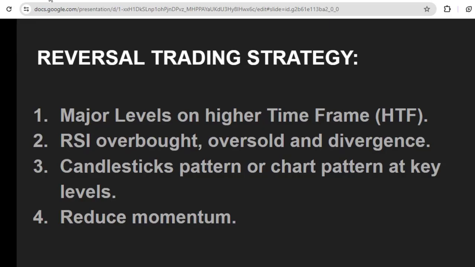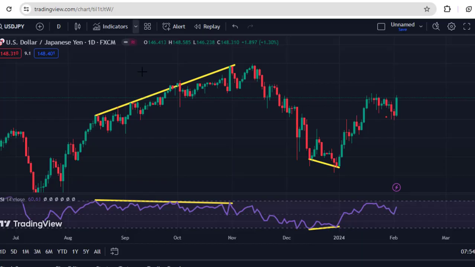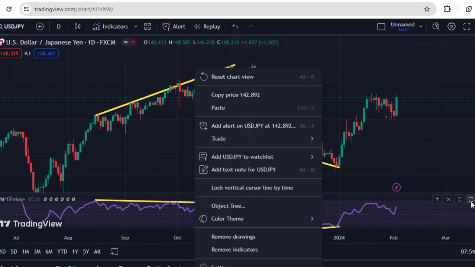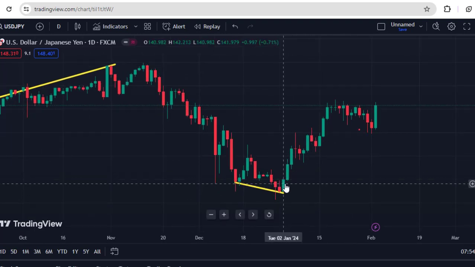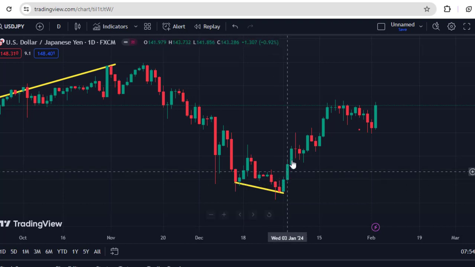And the next thing, or the next sign you must pay attention to on your chart to know reversal, or when the trend is over, is knowing your candlestick patterns and chart patterns at key levels. You must identify that. In this case, if you look at this area on the chart right now, let me remove this RSI, you discover that this candlestick right here is a closing price bullish reversal pattern, and afterward the market moved upward.